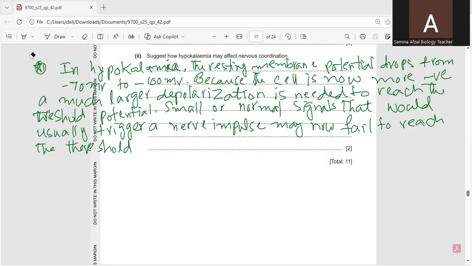Failing to reach the threshold means commands are simply lost. So these are the facts, that is what can happen.